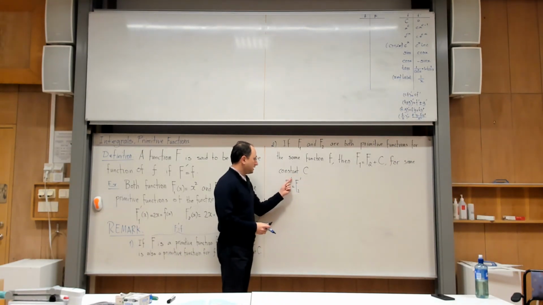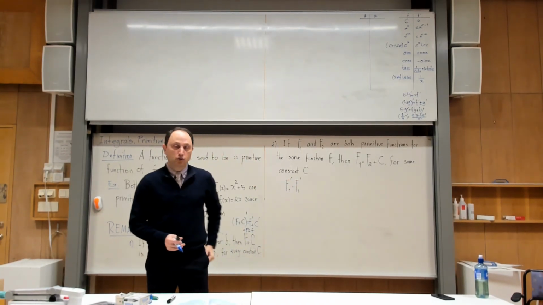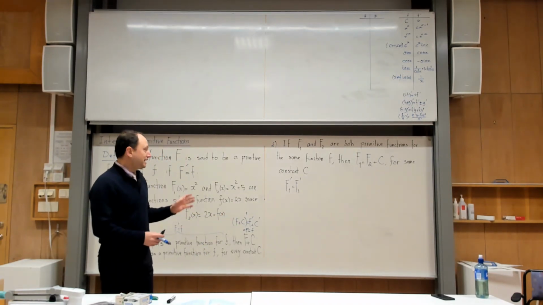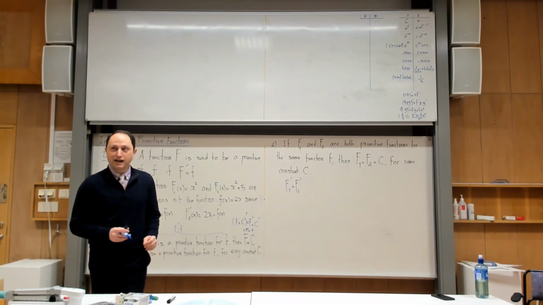It means capital F1 prime is little f, capital F2 prime is also little f. So it means that if the derivatives of two functions are equal, you cannot be 100% sure that the functions are equal. But the point is that they cannot differ that much. That is the whole point. They can differ at most by an additive constant.